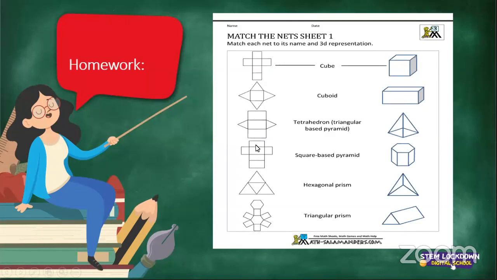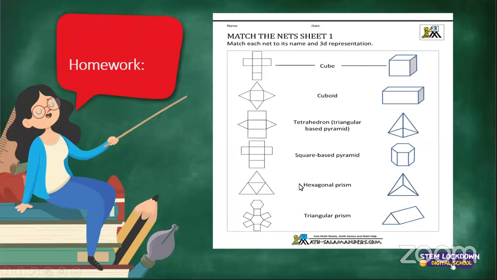For the practical homework that I want you to do over the weekend, take a piece of paper, cut out a cuboid shape, and put it together into a 3D. Next week you can tell me which one it is, the first, second, third, or fourth net that you had cut out and put together, and it formed a rectangle or a cuboid.